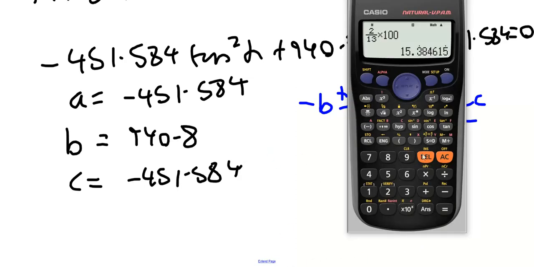And what we get is minus B plus square root B squared minus 4 times A times C, 451.584, and all divided by 2A. Okay, we get tan alpha equals 0.75.